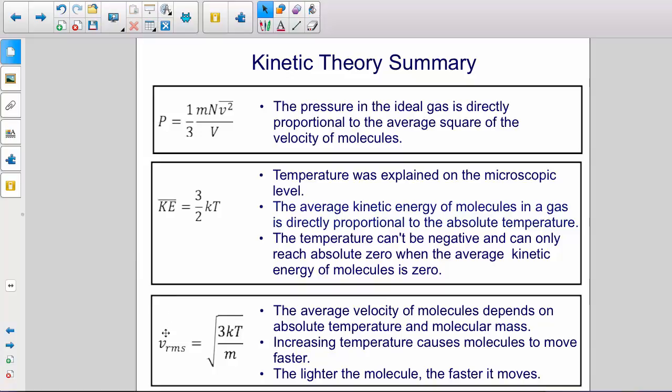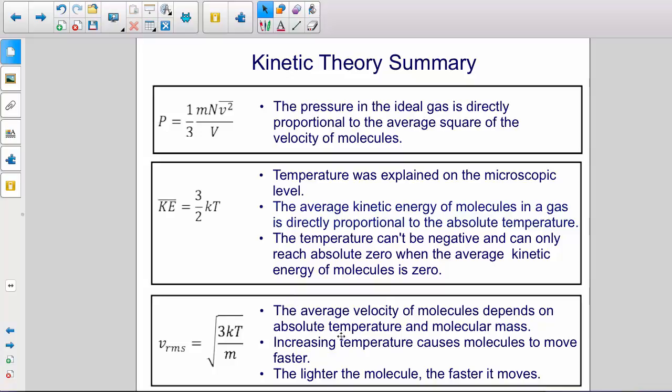And then finally, we have an expression for the root mean square value of the velocity. And this is the square root of 3 kT divided by m. And that's derived directly from the relationship that the kinetic energy is mv squared over 2, and that the average kinetic energy is 3/2 kT.